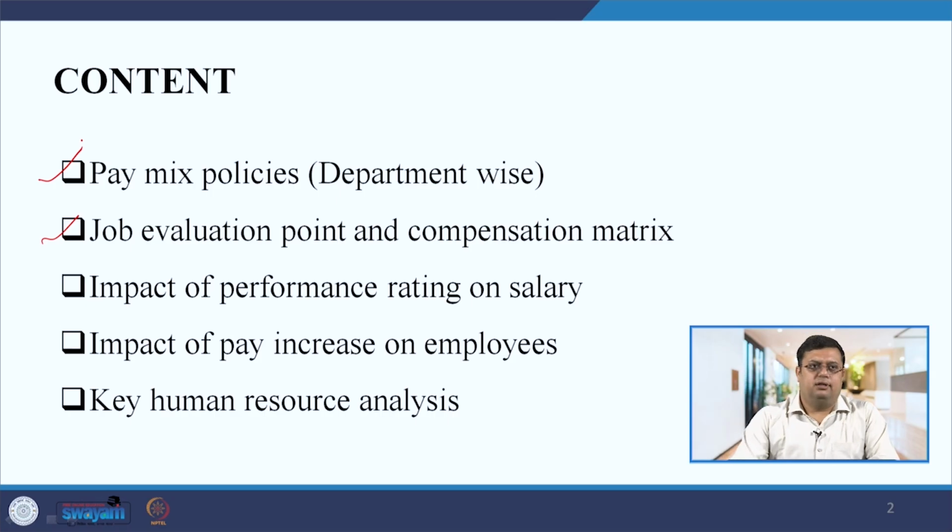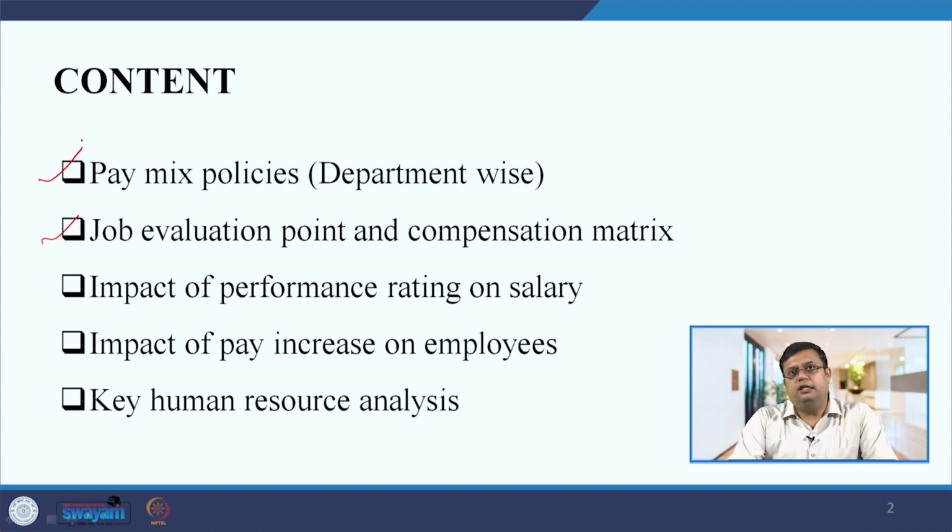For example, in the teaching field, if you know how to take a class, on that basis you will be paid. You will be paid for teaching, training, research, consultancy and administration. If you have any other skill which may help you indirectly in these activities, the organization may not pay you for that.